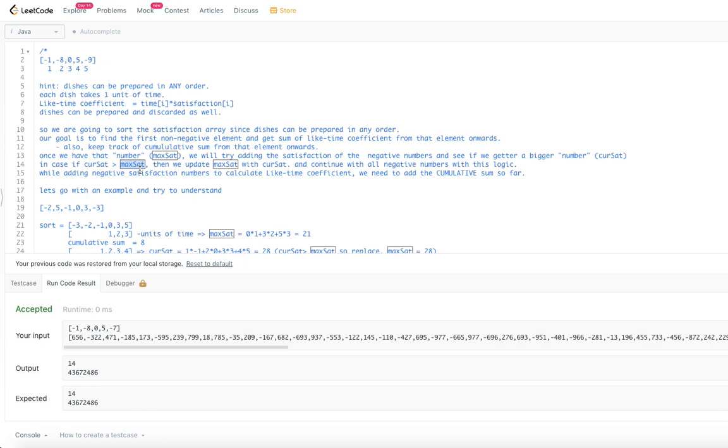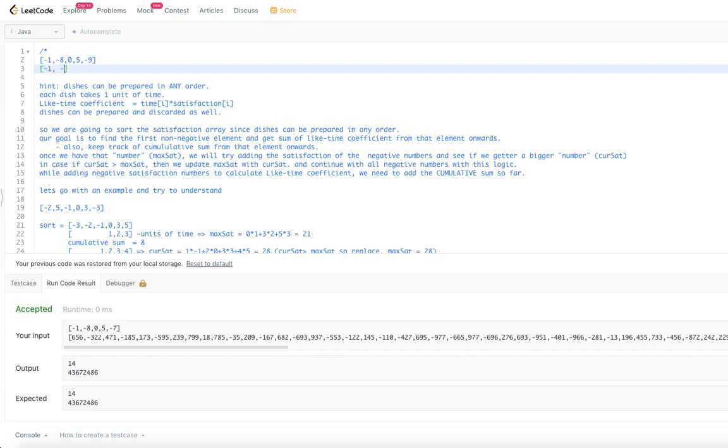So while adding the negative numbers, we are going to calculate the lifetime coefficient. While doing this, we need something called the cumulative sum so far. The cumulative sum so far is something like this: let's say I have an array, right? This cumulative sum is -1 here.